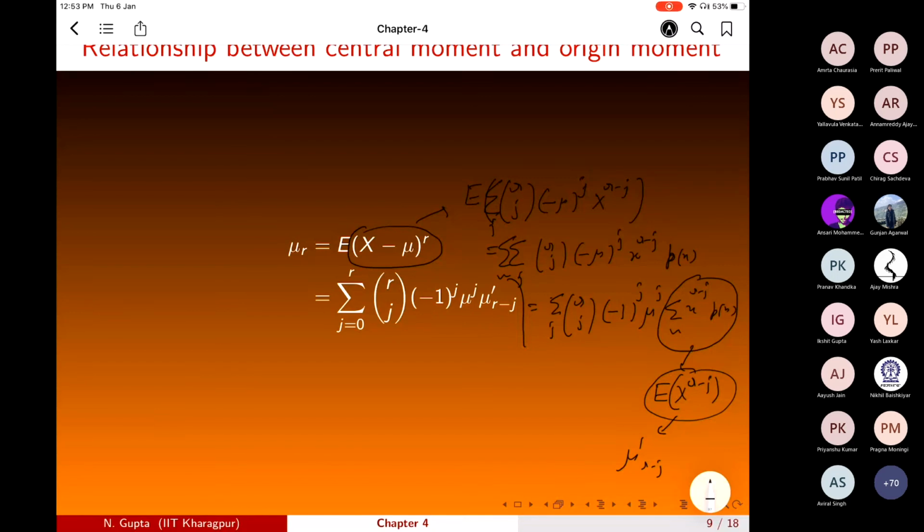In this fashion, using binomial expansion, you expand the expectation, interchange the summation over x and j, and take this inside. You will get the expected value of x raised to power r minus j, so you will get mu dash r minus j. This is the relationship between them, which can easily be found using the binomial expansion.